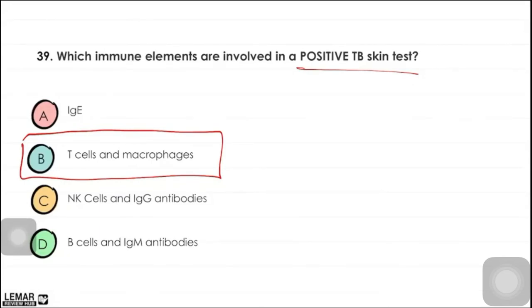So, NK cells synthesize a number of cytokines involved in the modulation of immune response. NK cells will destroy target cells through an extracellular non-phagocytic mechanism referred to as your cytotoxic reaction. So, that is a type 2 hypersensitivity reaction. So, number 39, again, the answer is letter B.